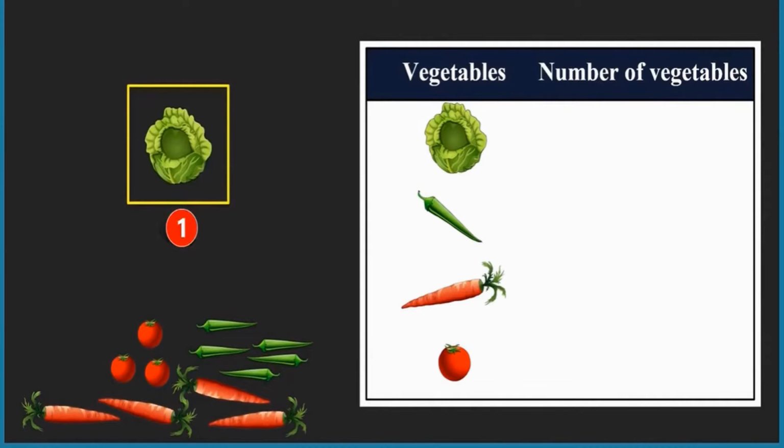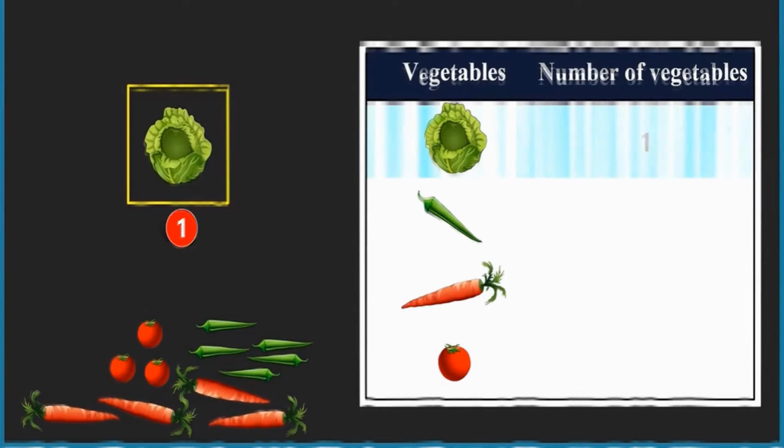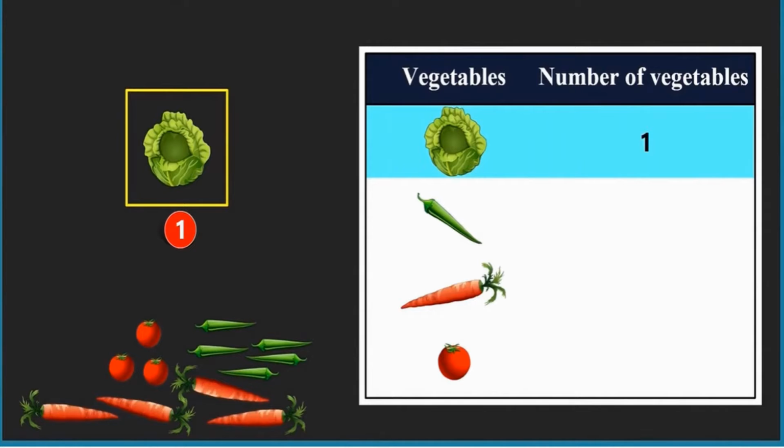See, number of cabbage is 1 over here. So we write 1 in front of cabbage. In the same way, we have to count the remaining vegetables and write the number against it.